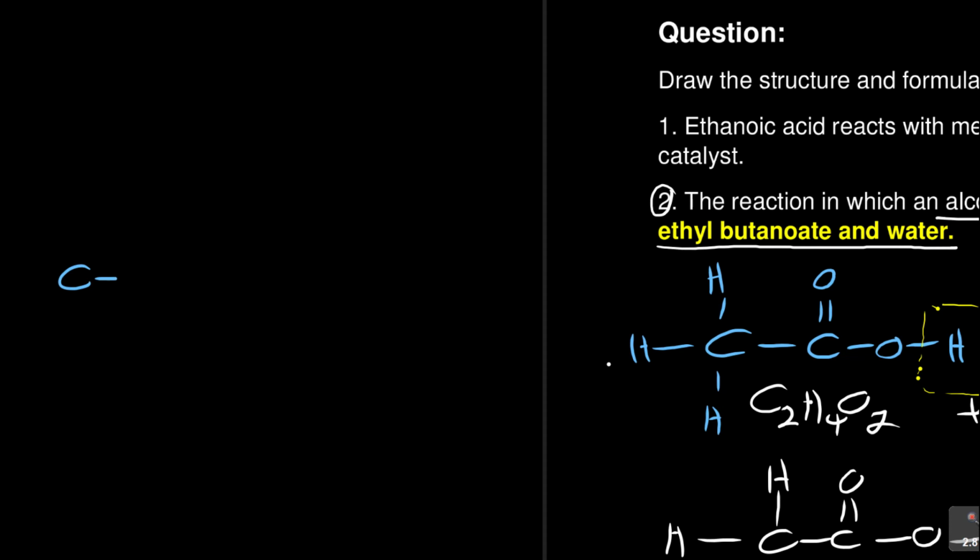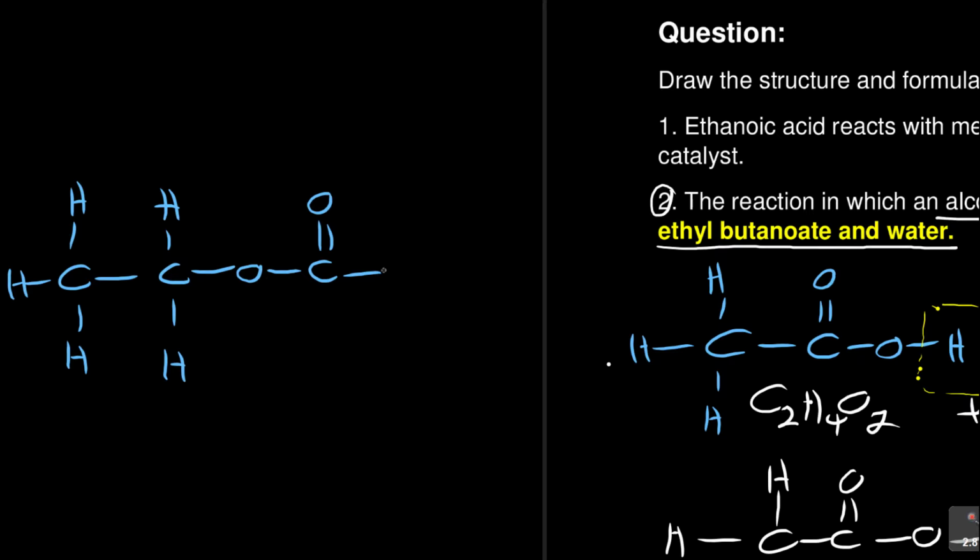Ethyl is 1, 2, that's the ethyl, the alcohol part. Remember, the alcohol, they cut it there, and then butanoate, you put that oxygen. Butanoate is butane, 1, 2, 3, 4, because butane is 4 carbons.